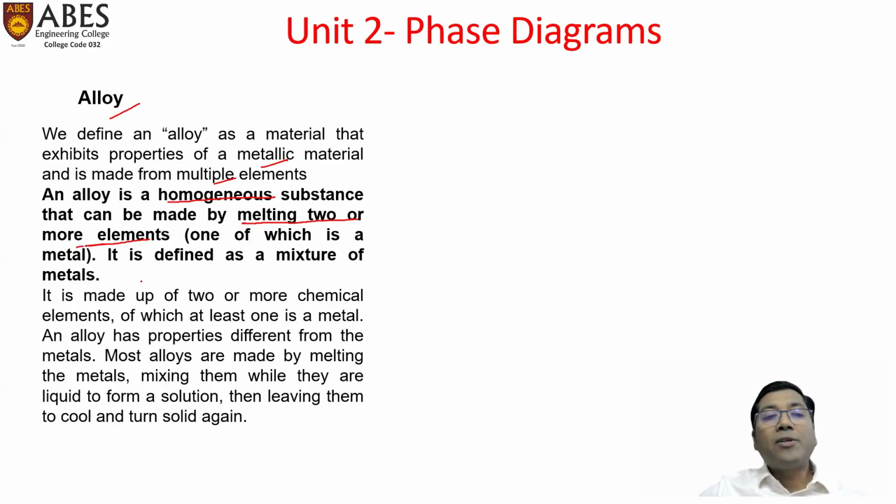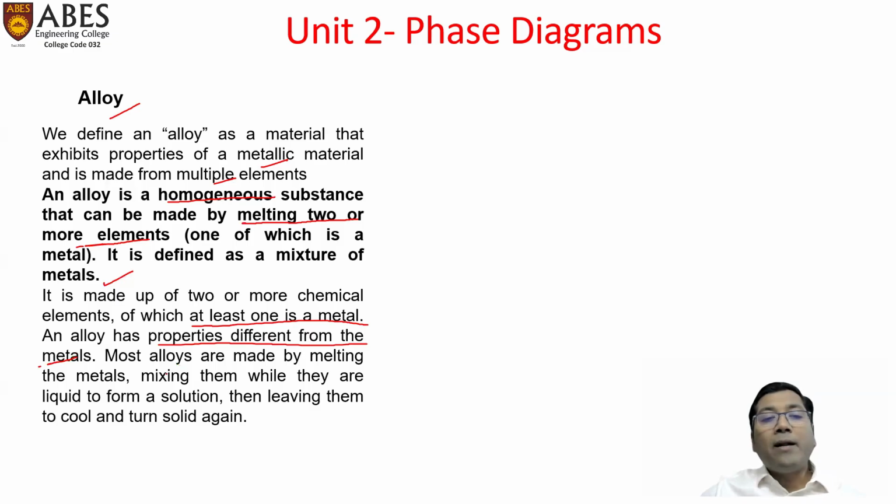It is defined as a mixture of metals, made up of two or more chemical elements, of which at least one is a metal. An alloy has properties different from the metals. The properties get changed when we alloy, and that is the advantage to us for which we make alloys.